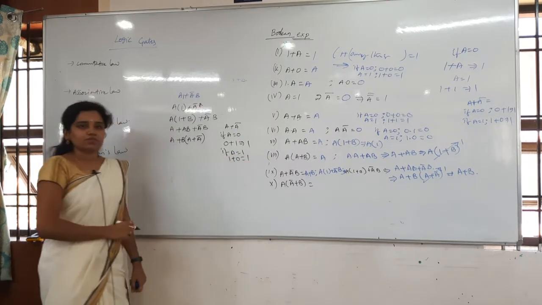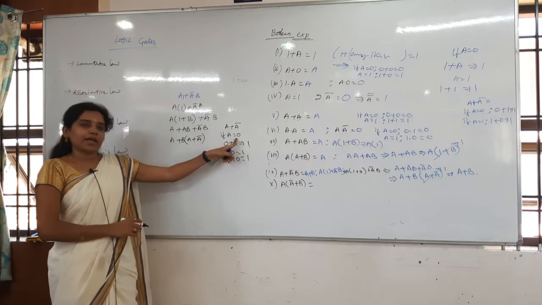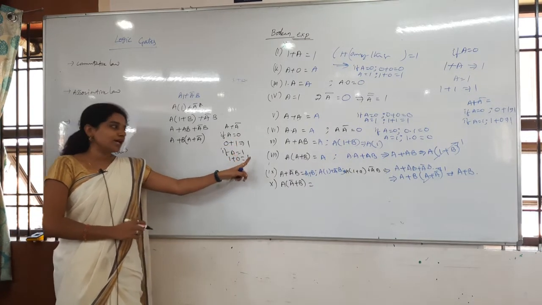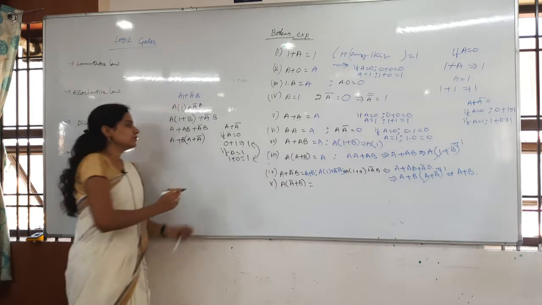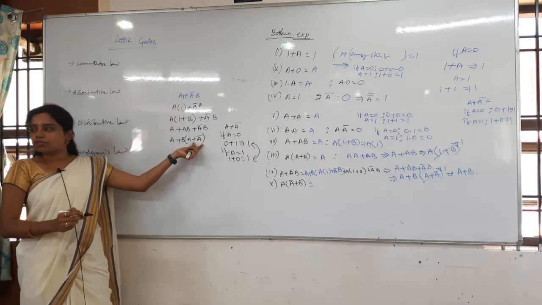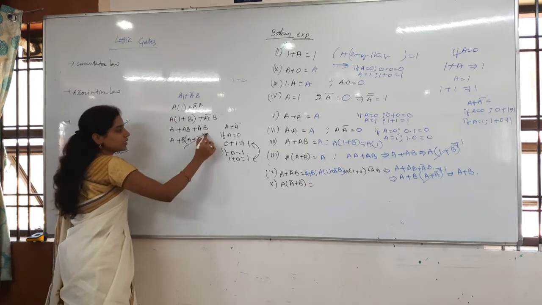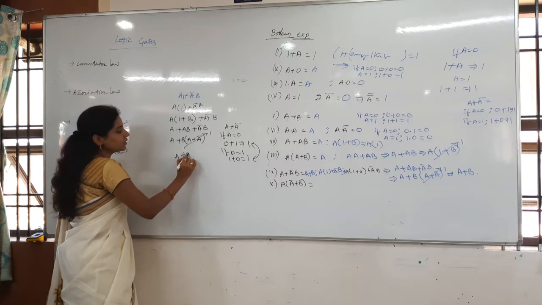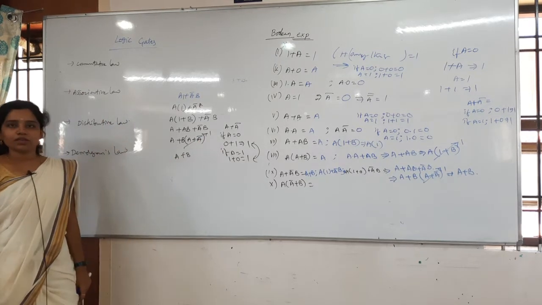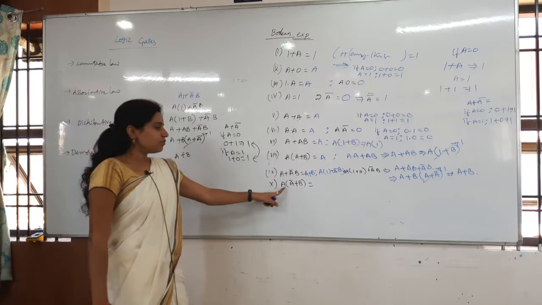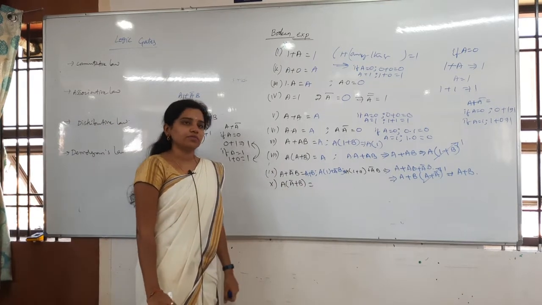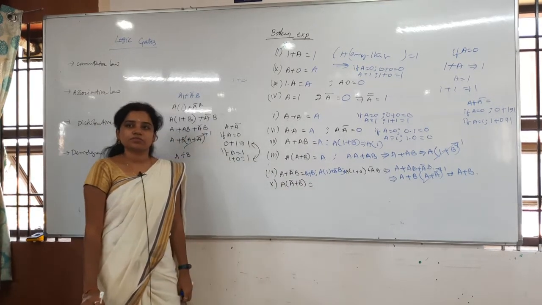Then the answer is 1 only again. Whether you take A as 0 or A as 1, what answer are you getting? Only 1. So this A plus A bar value is 1 only, entirely 1. Then what is the final answer here? A plus B. Clear? Then A into A bar plus B. What is the answer for this?